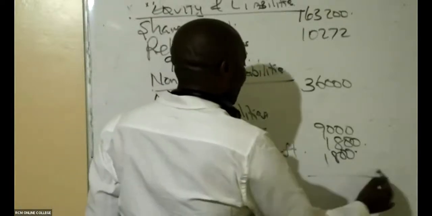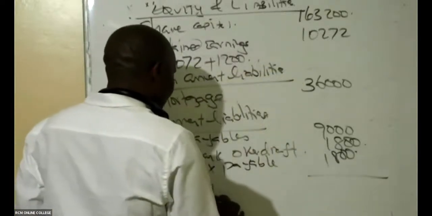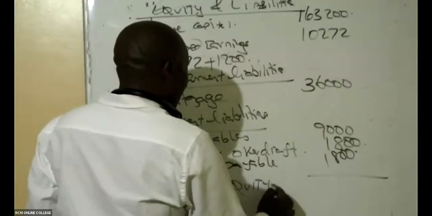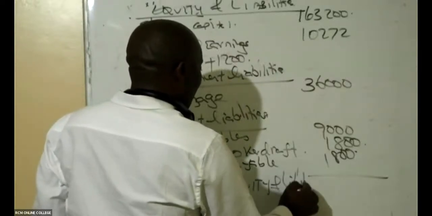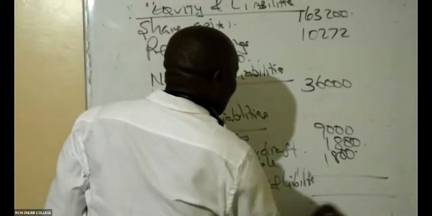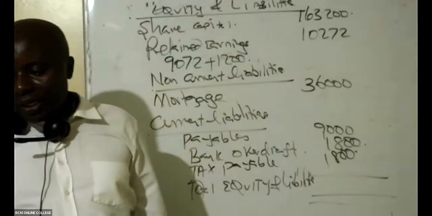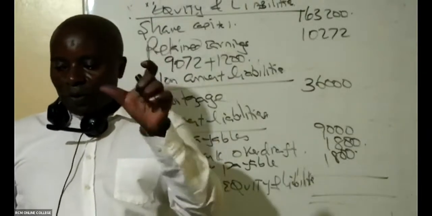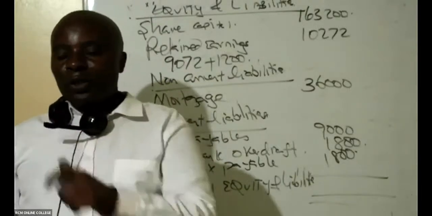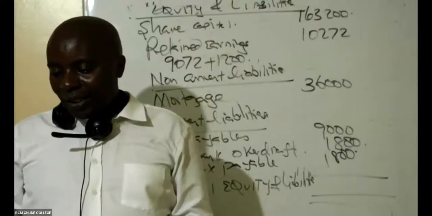So we add everything to give us total equity and liabilities. Unless we are thieves, everything should balance with what we had initially, with our total assets. It's only thieves who can't account for how they raised their assets.